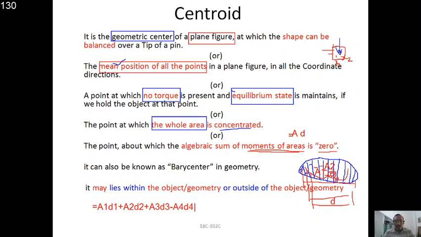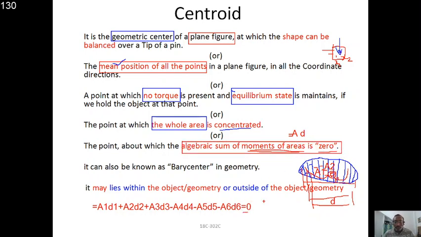This is only an assumption, that only 5 or 6 areas are there. Similarly plus a5 d5 minus a6 d6 equals 0. That means the algebraic sum of all the moments of areas will be 0.